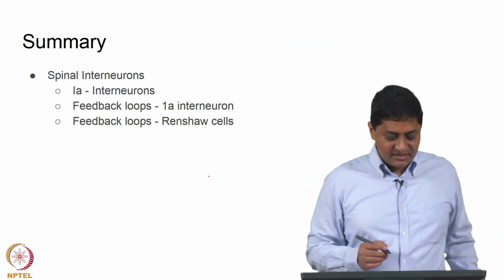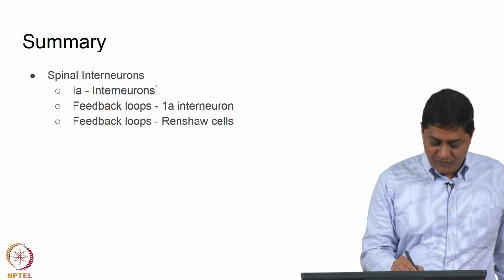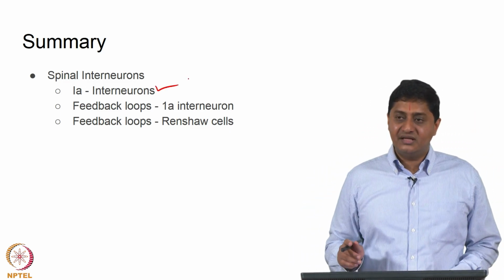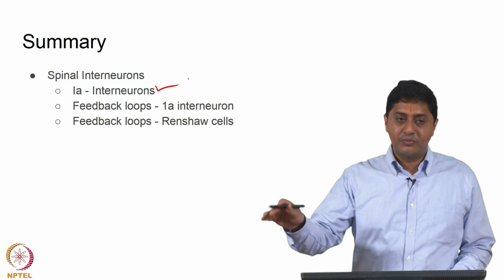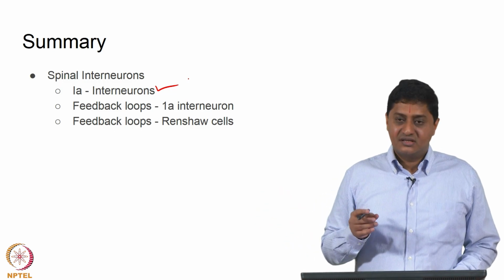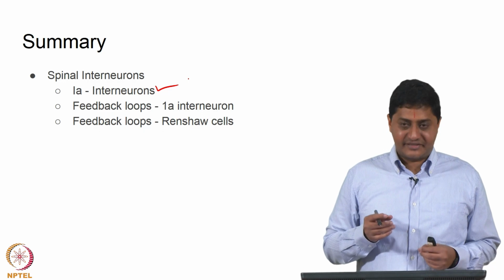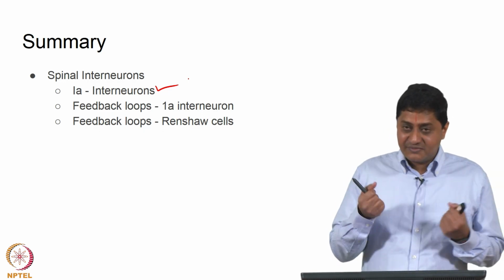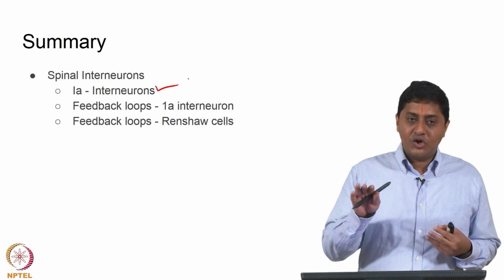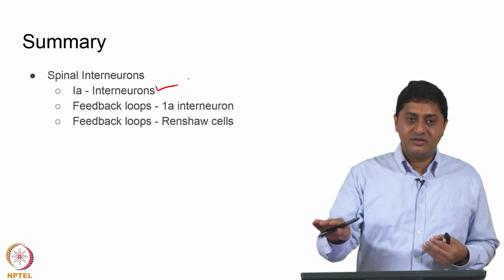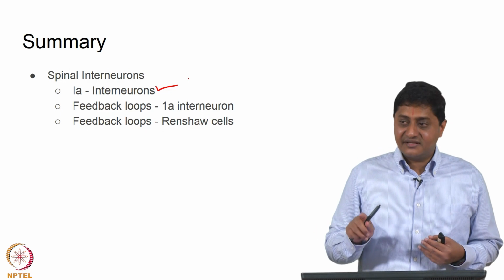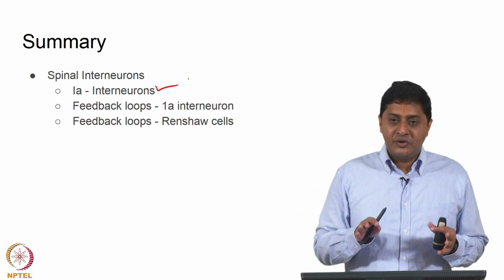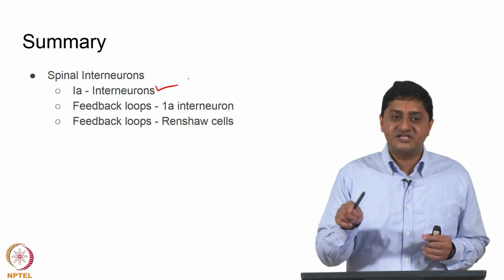So, what we have seen in this class is the case of 1A interneuron, its important function in inhibiting the antagonist alpha motor neuronal pool when the agonist muscle is stretched. When the agonist muscle is stretched, the antagonist alpha motor neuronal pool is inhibited, and remember that this inhibition is going to happen regardless of what causes the stretching of this muscle.